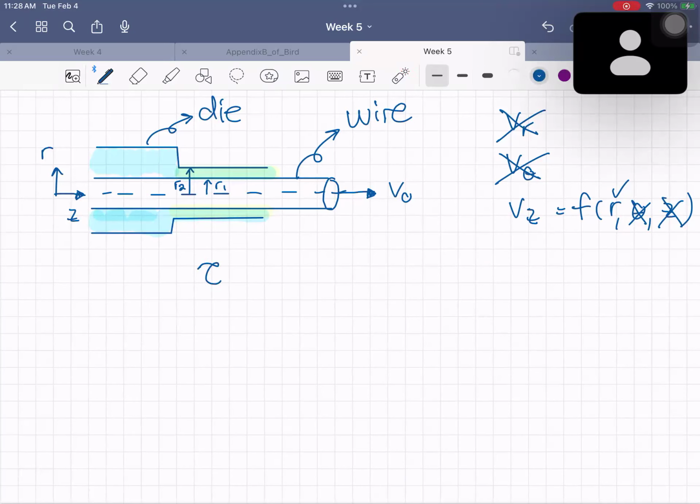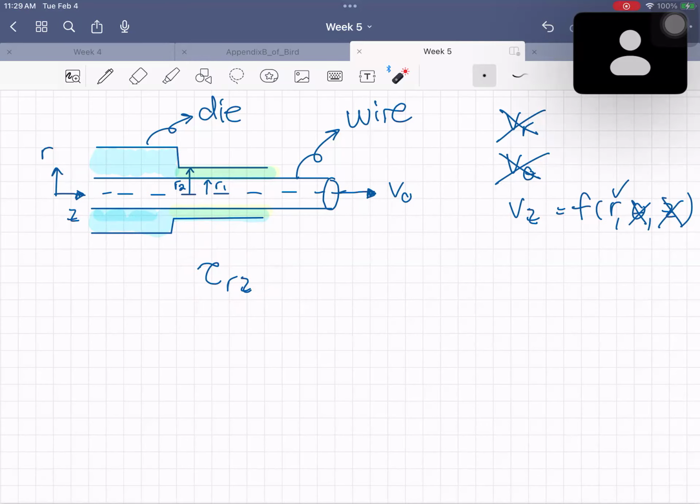Tau RZ, tau ZR, tau R theta? Tau RZ, yes, because we have momentum in the Z direction transferring in the R direction. The wire is moving in the Z direction and the momentum is transferring in the R direction. So what we have is tau RZ.